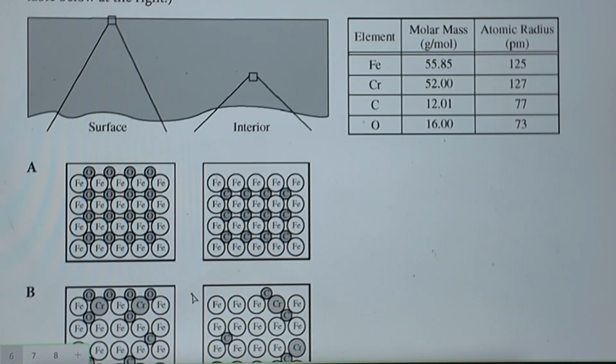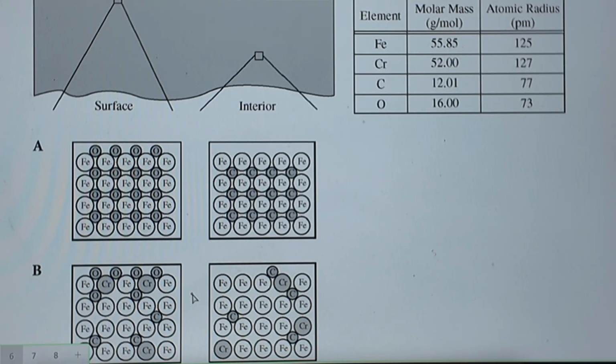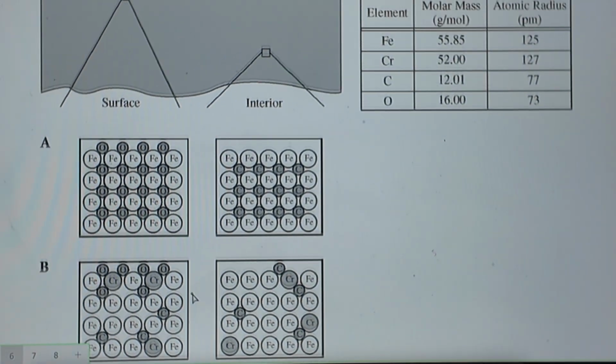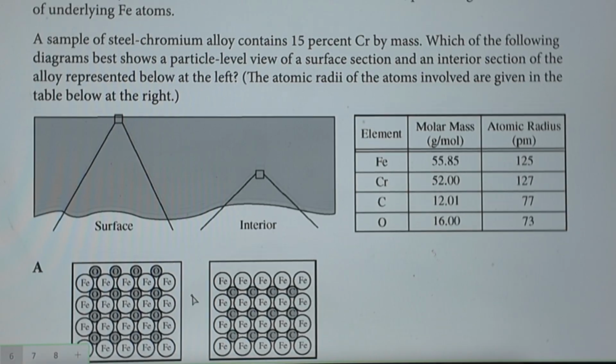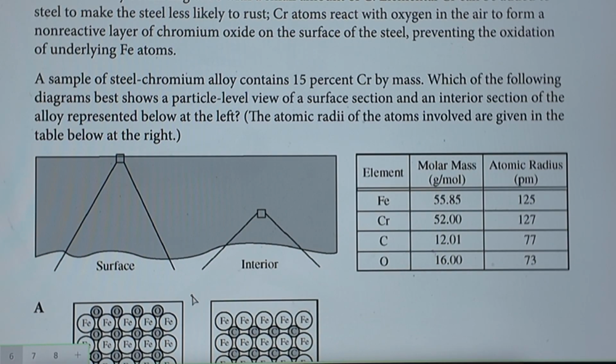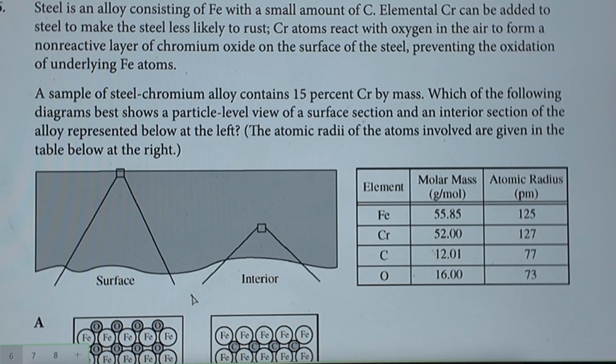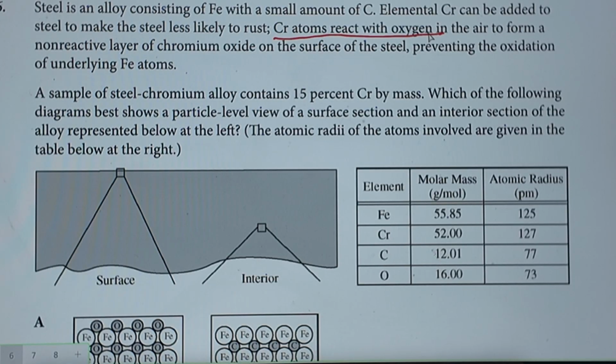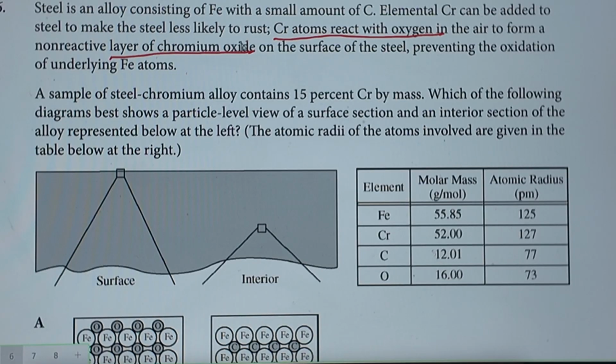Okay, so on the surface, there would definitely be some chromium, right? But they only need the chromium on the surface. And on the surface, there should also be some oxygen, because chromium atoms react with oxygen, and they form a layer of chromium oxide. That alone will probably just give you the answer.